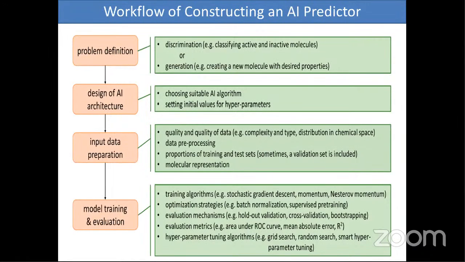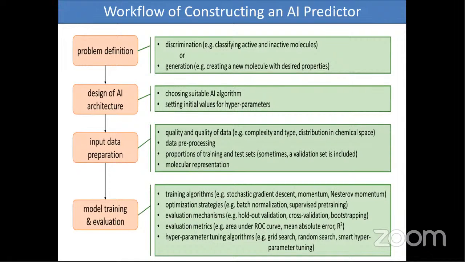Then we go for model training and evaluation. Once everything is developed, we need a training algorithm. There are a number of training algorithms available, but that is not enough. We can develop our own algorithm for developing that model.